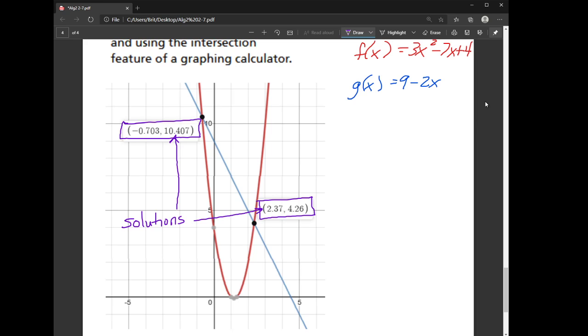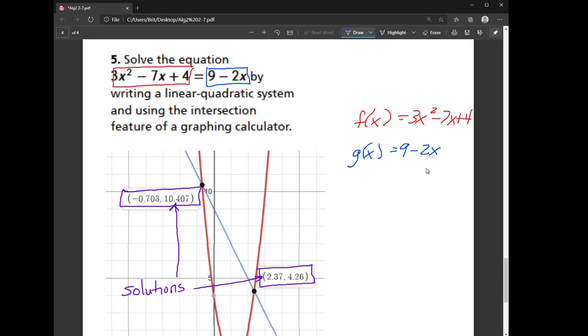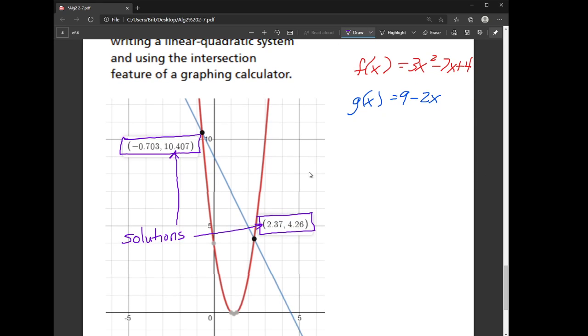It just gets you the approximate values. Now understand, the solutions in this case don't care about the y values. It just cares about the x. So I would say that my solution on this one is that x is approximately negative 0.703, and x is approximately 2.37.